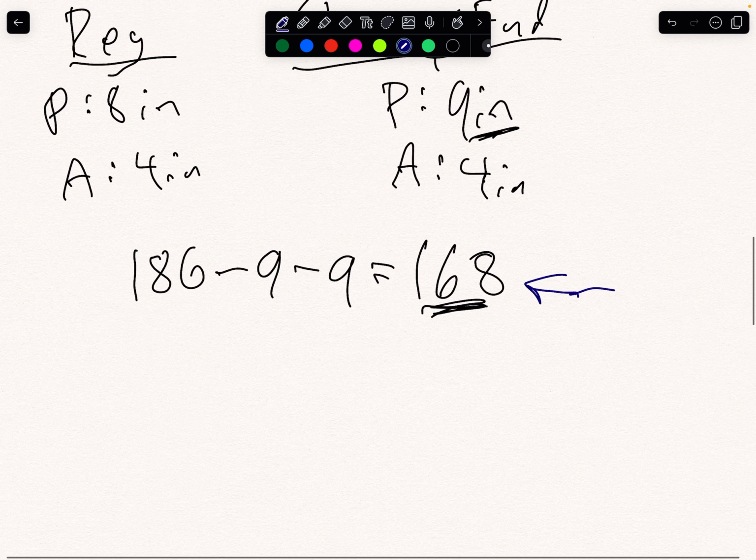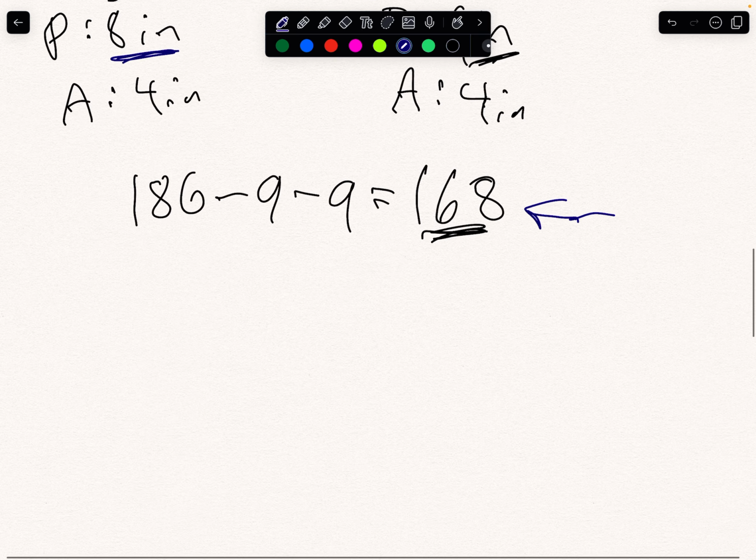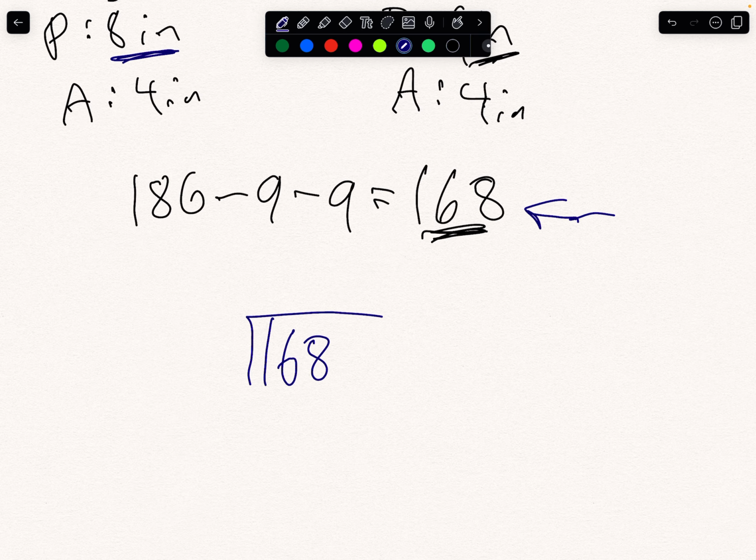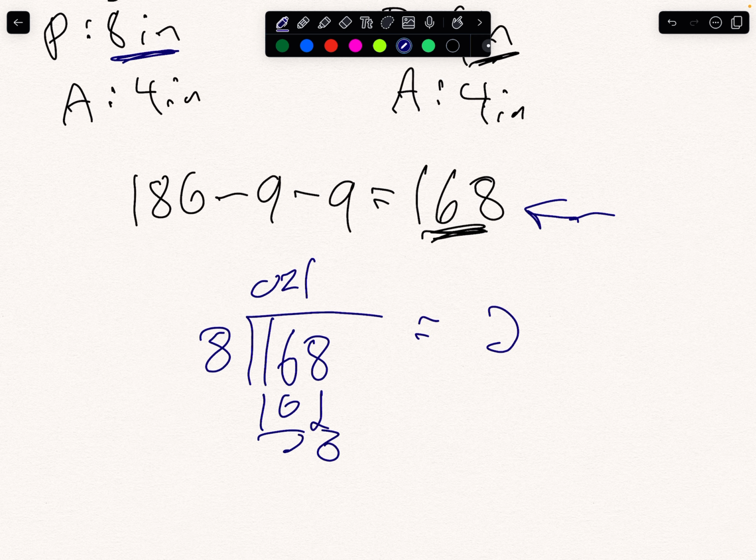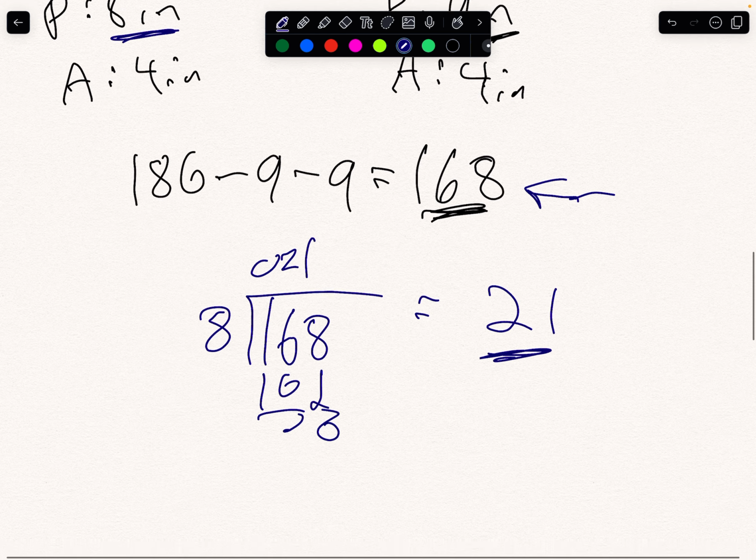Each regular shape, or middle shape, takes up 8 inches. So by dividing 168 by 8, we can find how many middle shapes we have, which is 21. So now we know that there are 21 middle shapes.